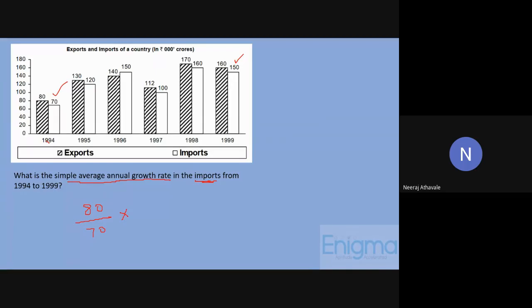So what you have to do is first find out the percentage growth. What is the percentage growth over here? Rohan, that's the common mistake. We cannot do 80 upon 6 over here.